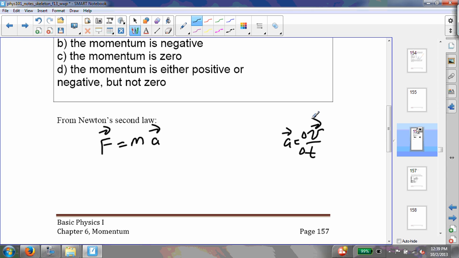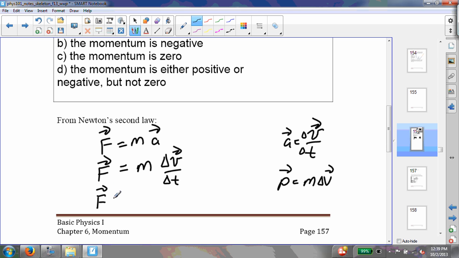And so I can rewrite this and say that force is equal to mass times my change in velocity over my change in time. And then I can further recognize that since momentum equals m times v, this force is equal to a change in momentum over a change in time.